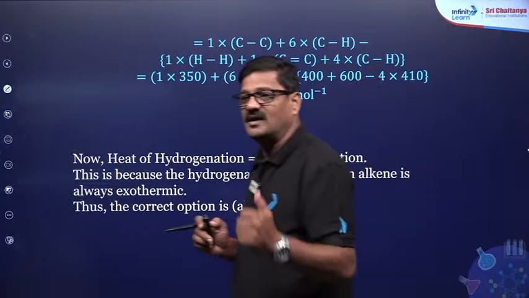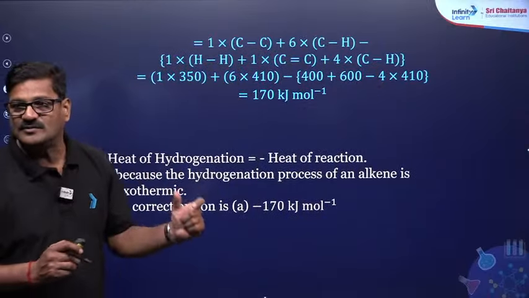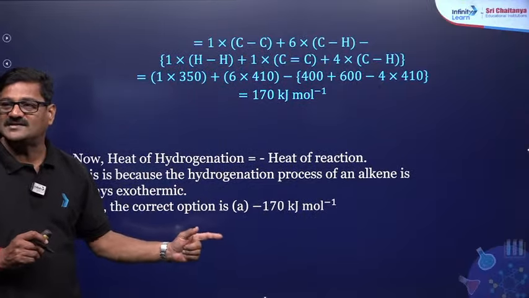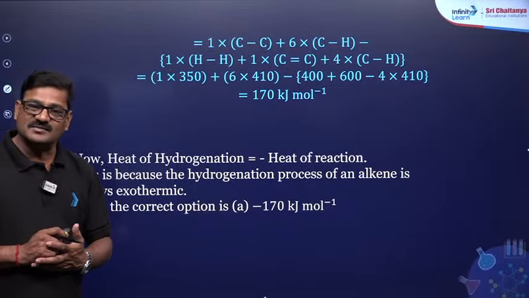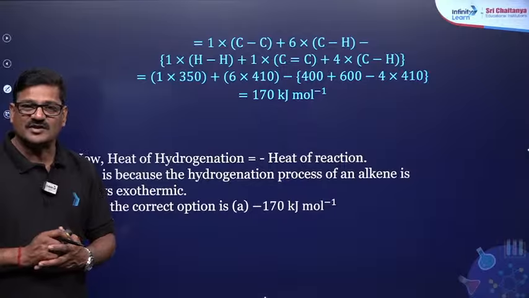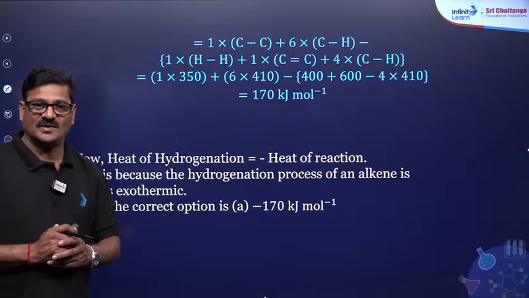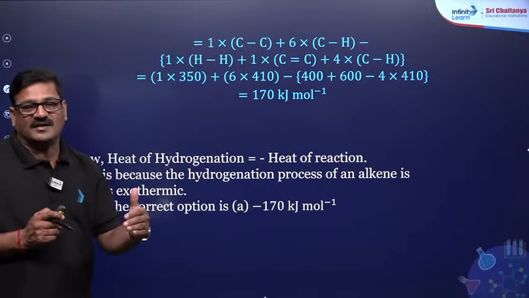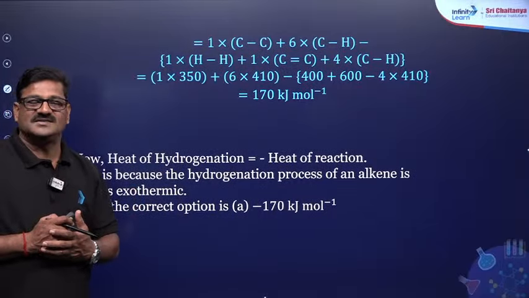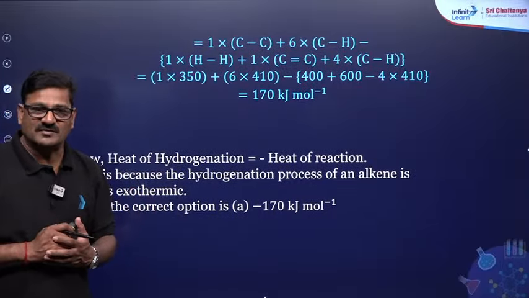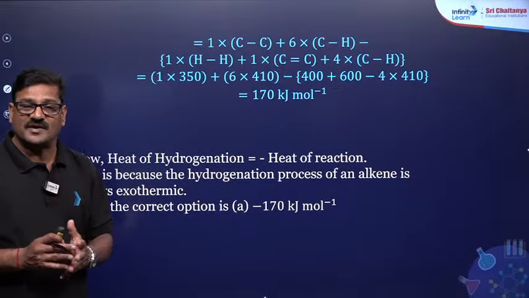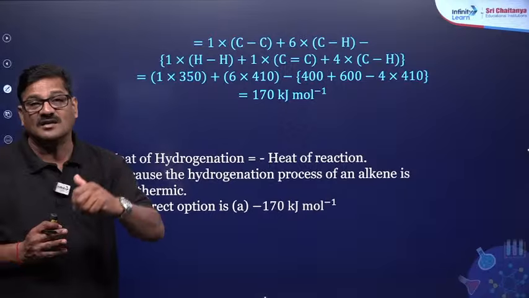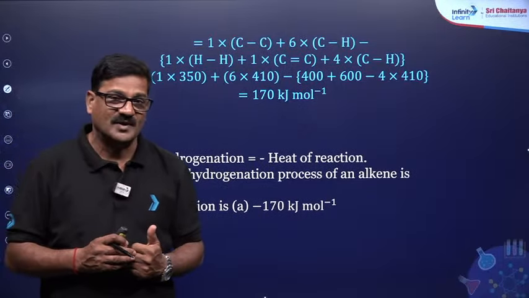So इसका heat of hydrogenation supposed to be exothermic. Alkene stability is also calculated based on heat of hydrogenation. Stability of alkene is inversely proportional to heat of hydrogenation. जिस alkene का कम heat of hydrogenation होगा, वो alkene ज़्यादा stable होगा.